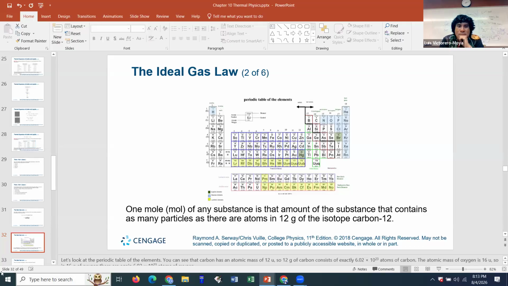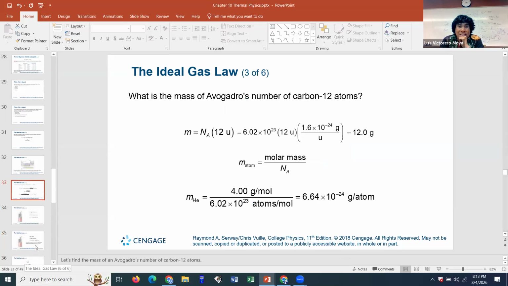It says that 1 mole of any substance is the amount of the substance that contains as many particles as 12 grams of carbon 12. Why 12 grams of carbon 12? Because we can find the mass of carbon 12. In this case, the mass is 12 AMU times the Avogadro number.